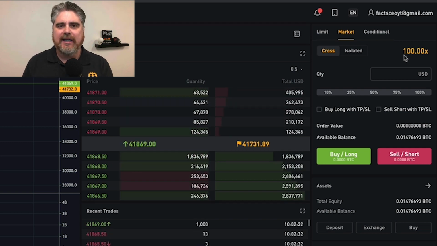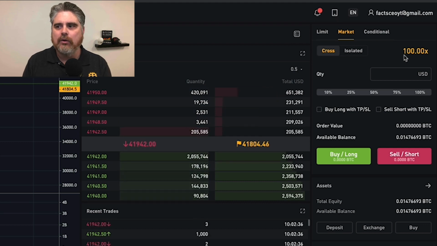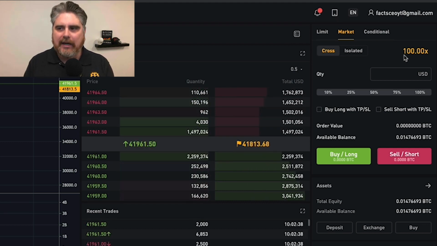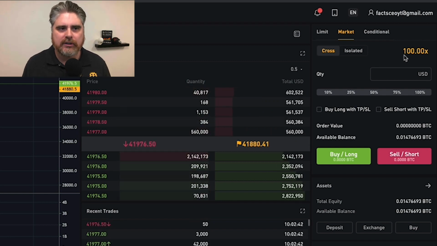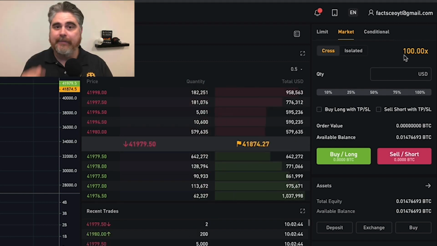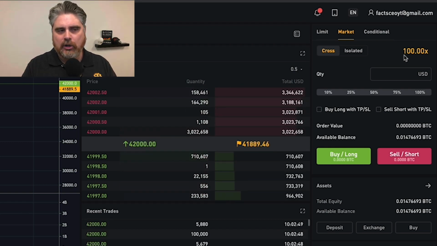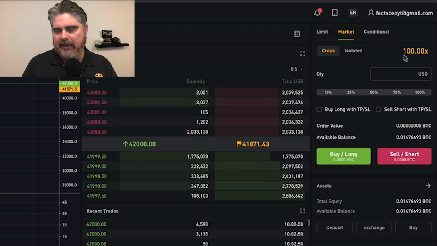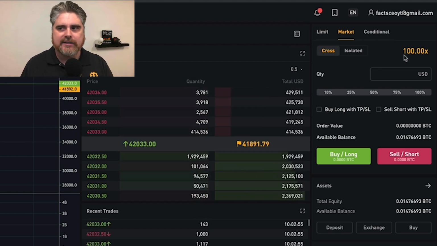But anytime you would be getting liquidated or stopped out, it's adding more money to your trade from the rest of your account. Personally, I don't like that. I got into a bad spot where I did something stupid one time. I didn't realize I was using the cross margin, and I ended up losing all the money that was in my account. And I was only planning on losing the amount on that trade if I lost, and it was a big problem.